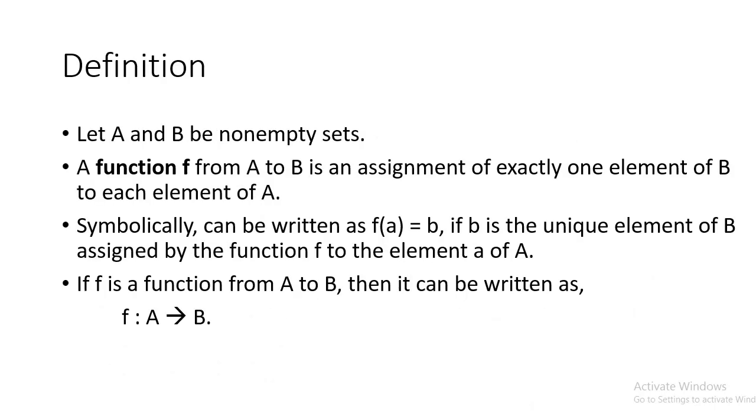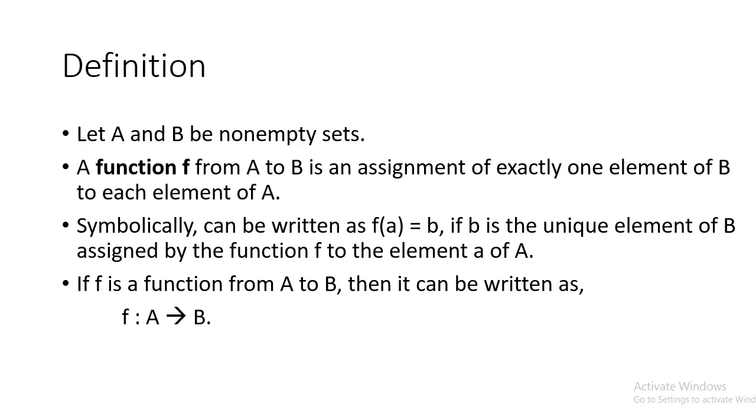Now what is the definition of the function? Suppose there are A and B, two non-empty sets. Then a function f from A to B is an assignment of exactly one element of B to each element of A. How can we write this symbolically?